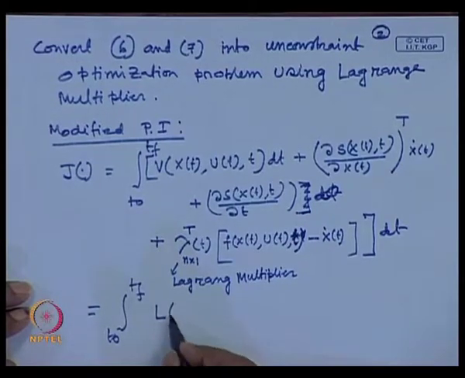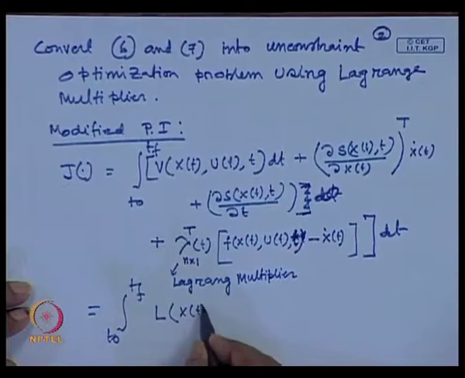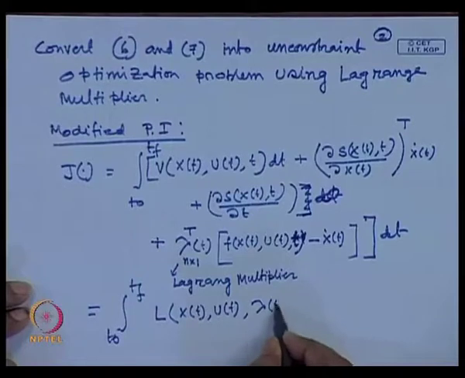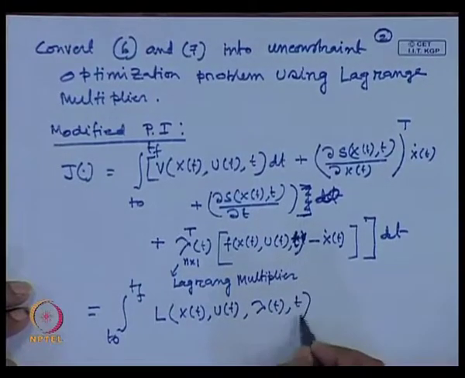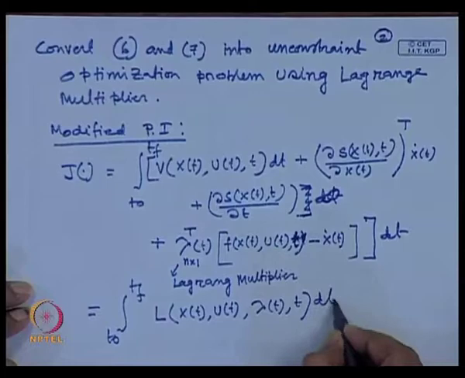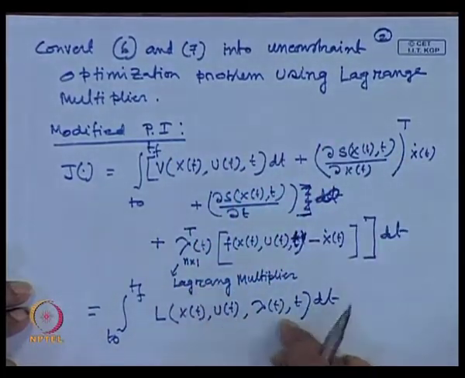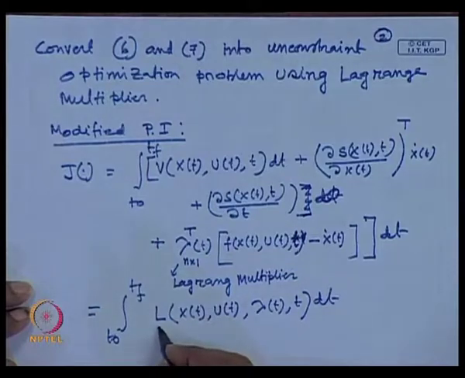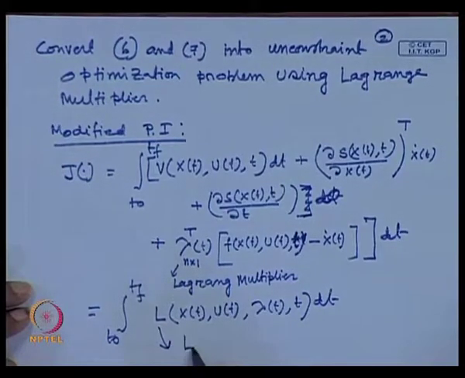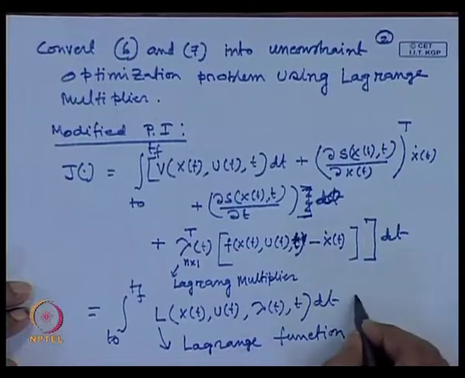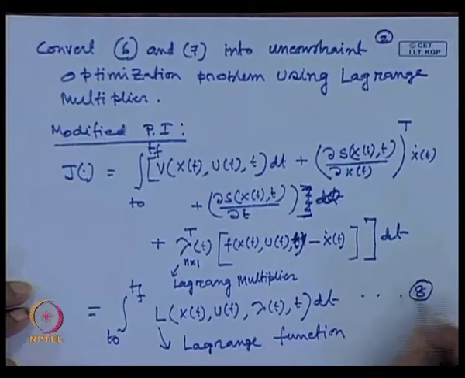That is a function of x of t, u of t, then lambda of t and t, whole into dt. That whole thing I denote by L. This L is called the Lagrange function. So, let us call this equation number 8.